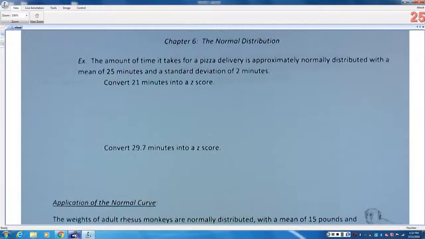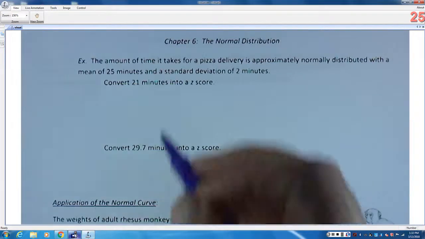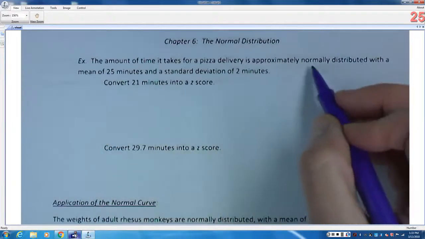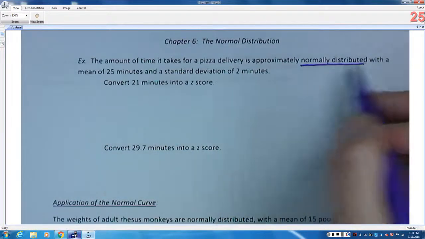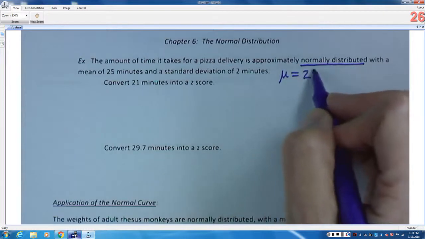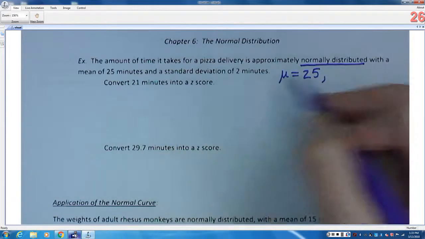If you're given a number and it has units, that means it's an X, and that's called a raw score. The amount of time it takes for a pizza delivery is approximately normally distributed with a mean of 25 minutes, so mu is 25, and a standard deviation of 2 minutes.